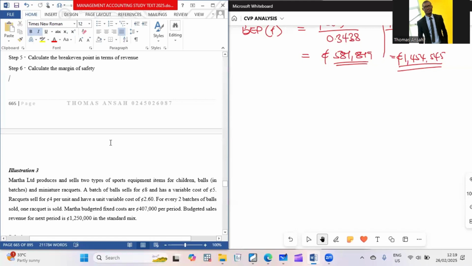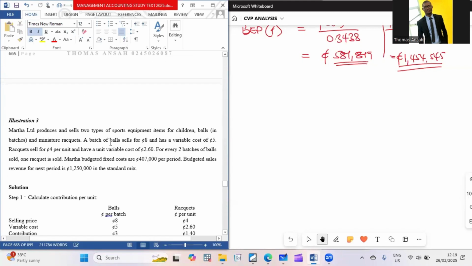So we have a man that is producing two types of sports items: balls for children and balls in batches. So he produces sports equipment items for children and the footballs also in batches, and miniature ratchets.